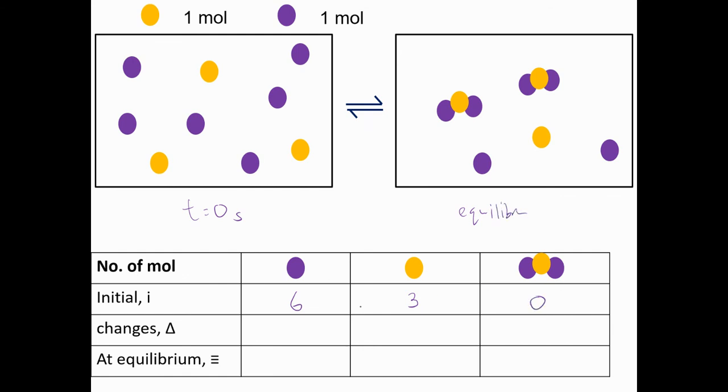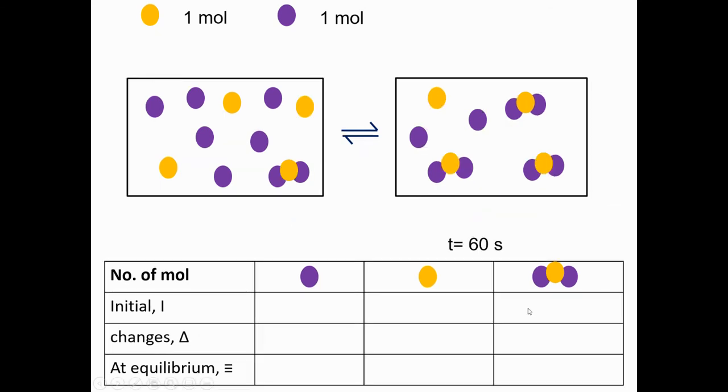At equilibrium we have 2 purple, 1 yellow, and 2 of product formed. So what are the changes? 4 purple atoms are used, 2 yellow atoms are used, and the product is 4. So this is how we fill the ICE table.